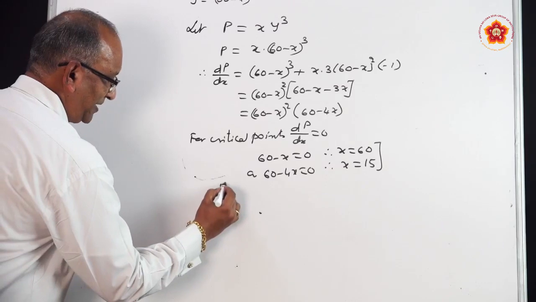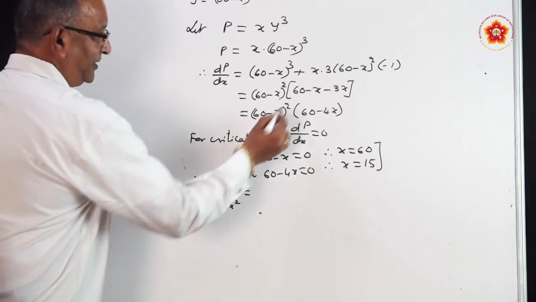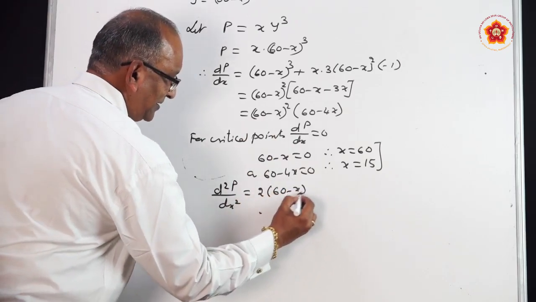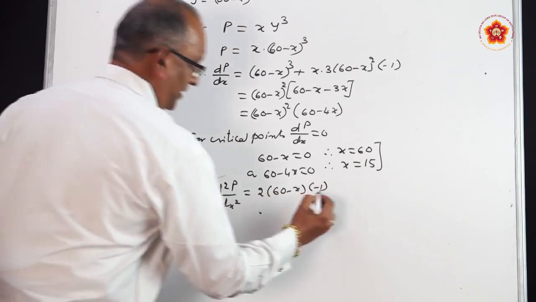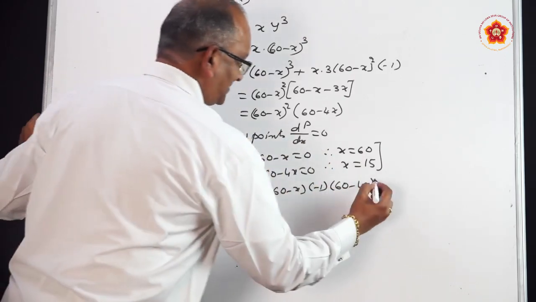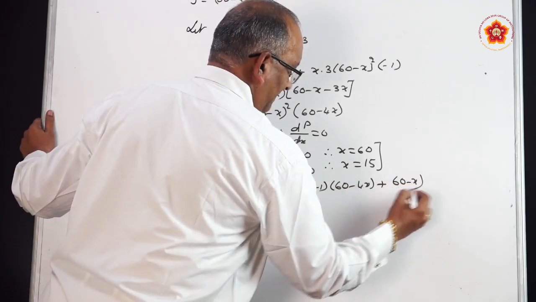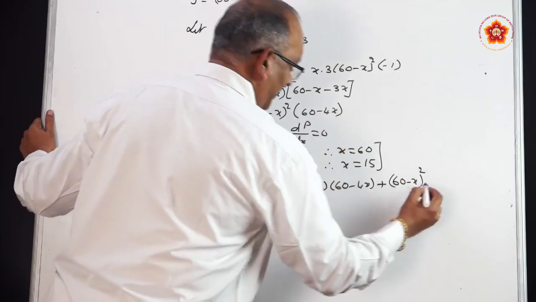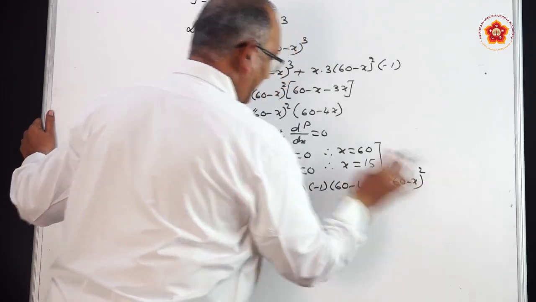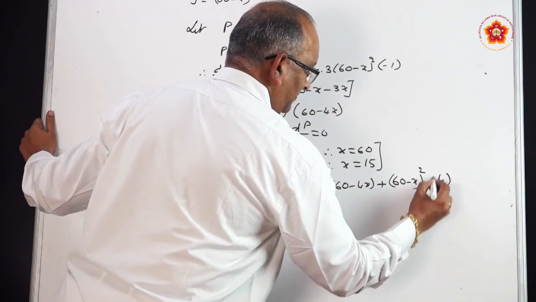So, d2p by dx square equal to derivative of this, it is 2 into 60 minus x into minus 1 into 60 minus 4x plus 60 minus x whole square into, we want to find out the derivative of 60 minus 4x, which is going to be minus 4.